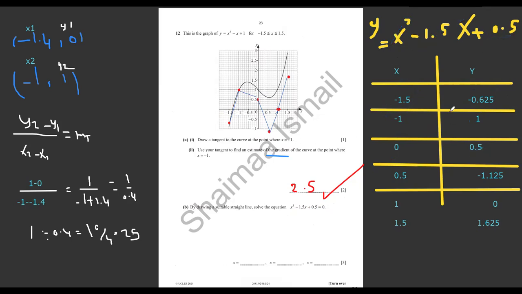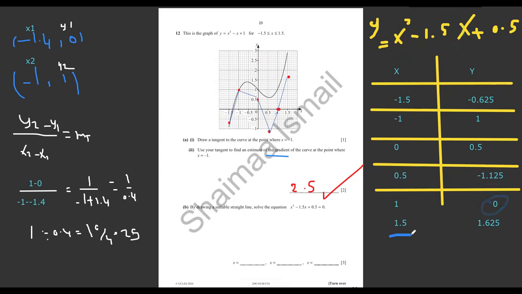When you put 0.5, 0.5 cubed minus 1.5 multiplied by 0.5 plus 0.5, it gives you negative 0.25, which is below the axis by 1 square. And when you put 1, 1 cubed minus 1.5 times 1 plus 0.5, it gives you 0.